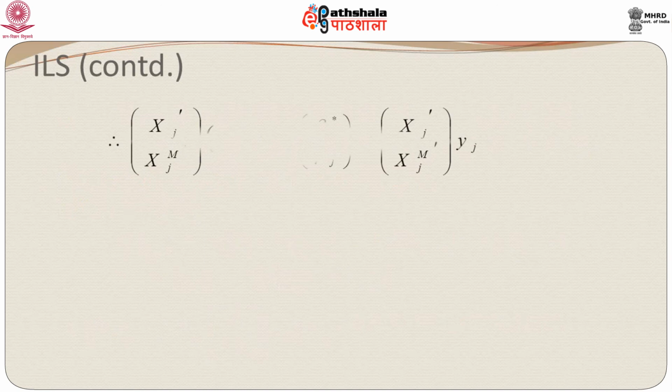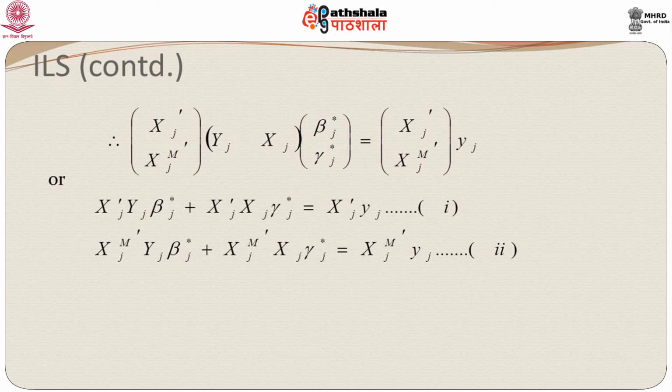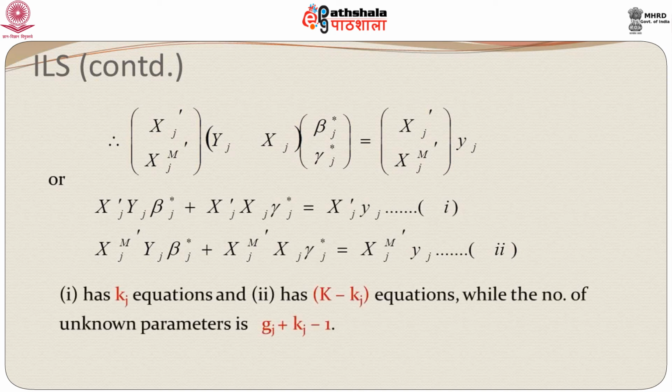Now, if we look at this x j star and x j m prime, y j, x j, etc., we have an equation system here. And how does the equation system look like? If you look at 1 and 2, then this equation system would be, 1 has, remember, kj equations, and 2 has k minus kj equations, if you look at the orders. The number of unknown parameters is gj plus kj minus 1.